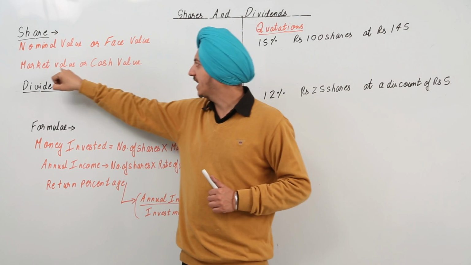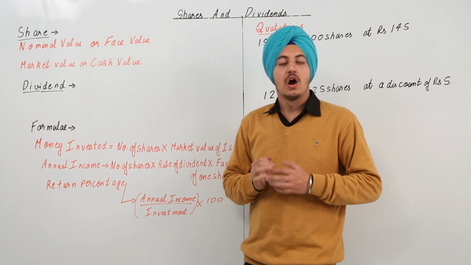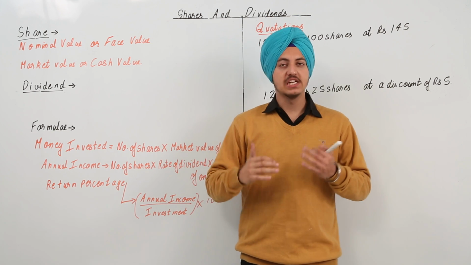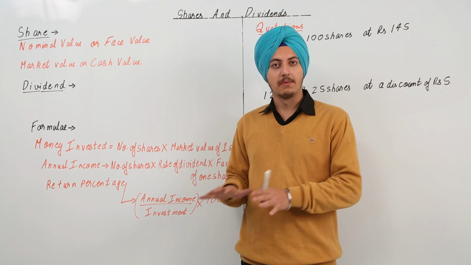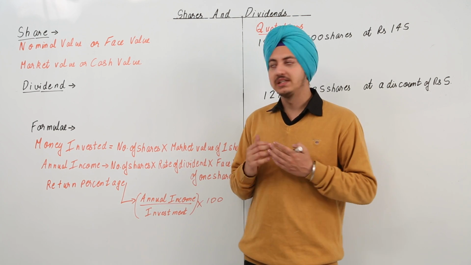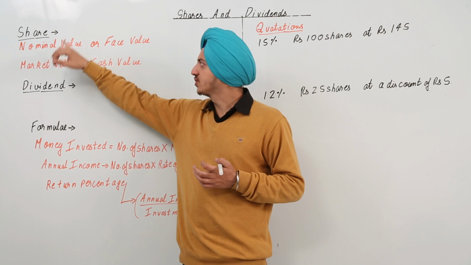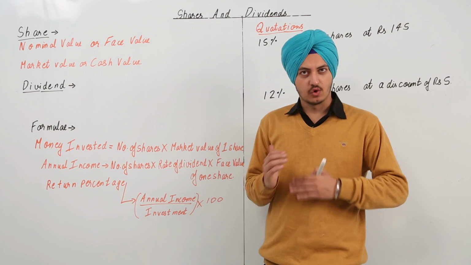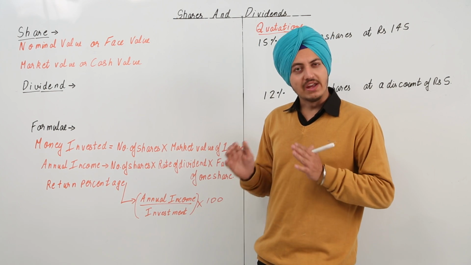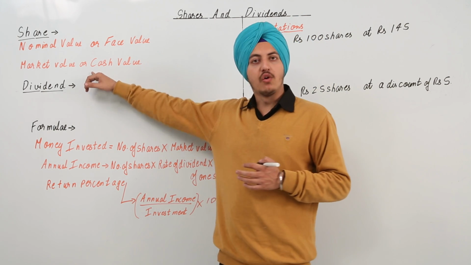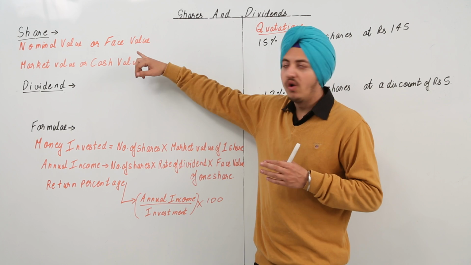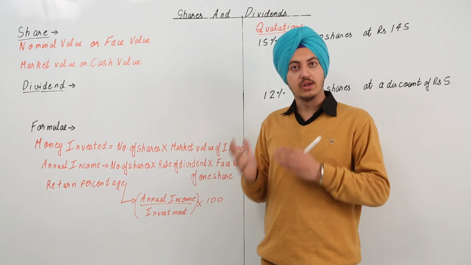Then what is the market value or the cash value? Depending on whether your company is growing or going into a loss or coming down, the value of your shares changes, according to the market. If the value of your share increases, then the market value of your share is more than the face value, which was the initial value of a share.